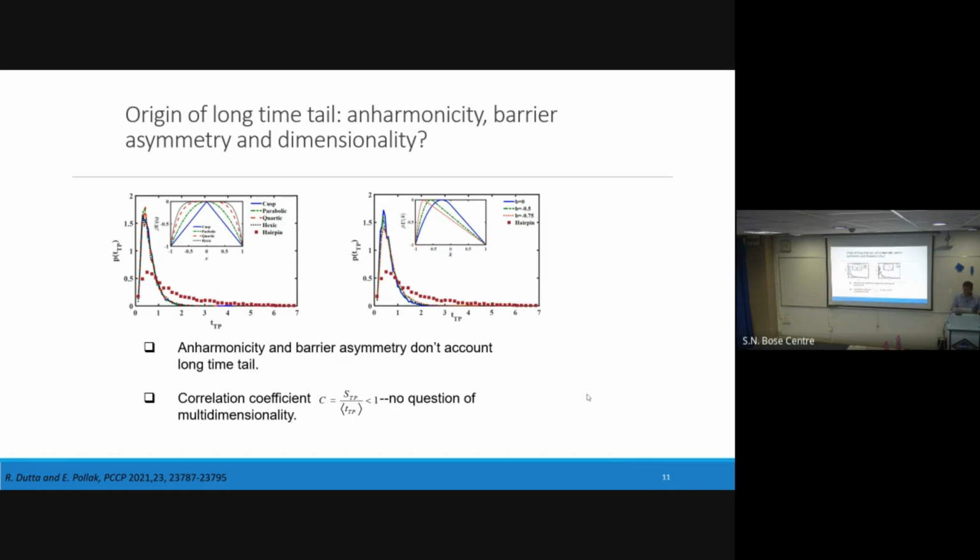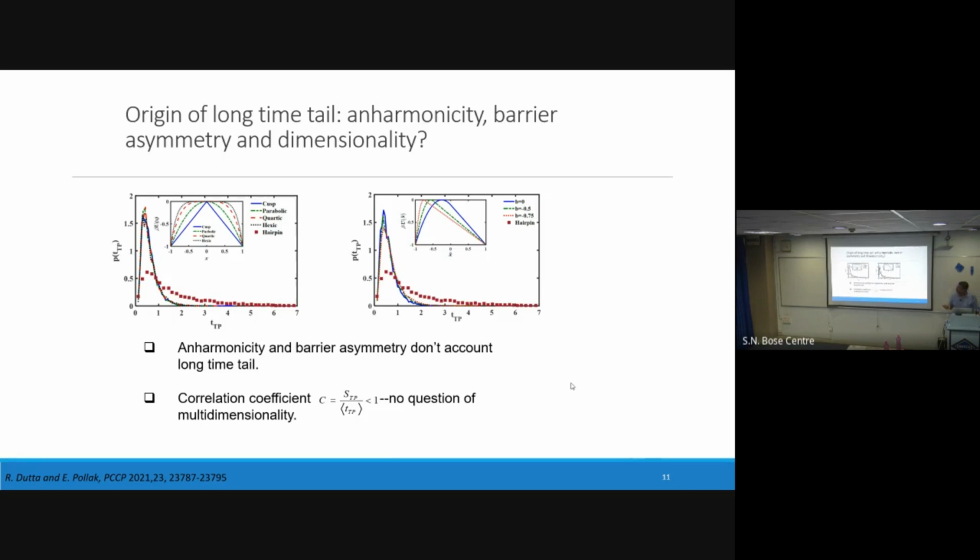In the experiments, represented by the symbols, the long time tail is not explainable from these theoretical transition path time plots, even if you consider the anharmonic effects on the barrier.